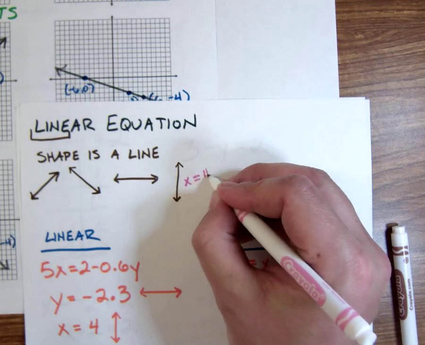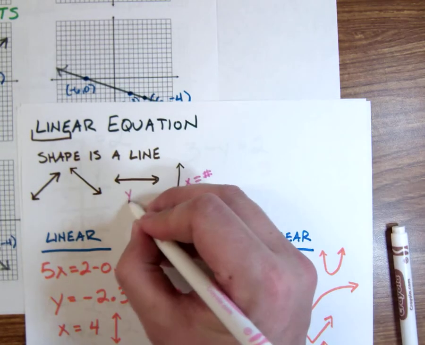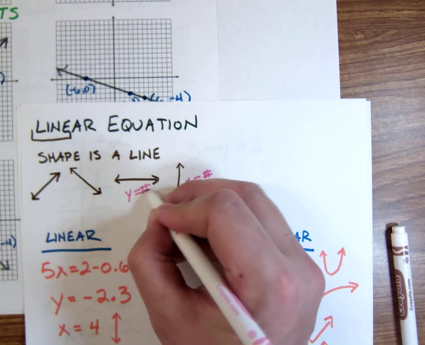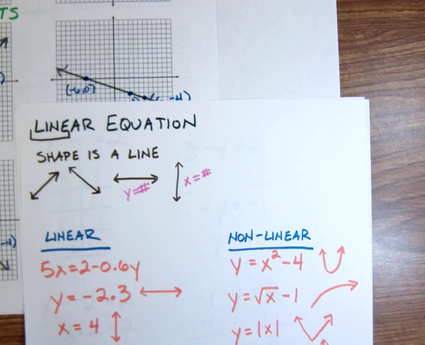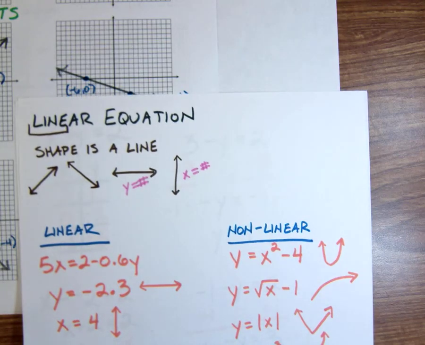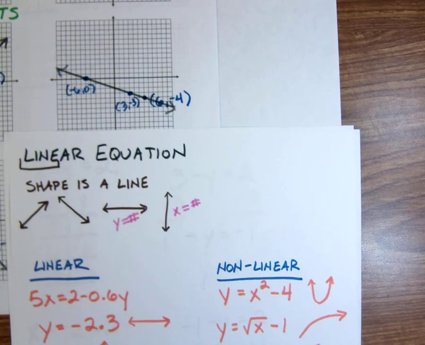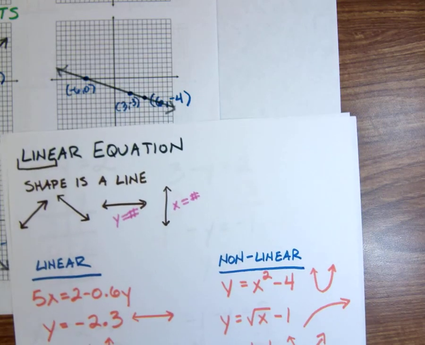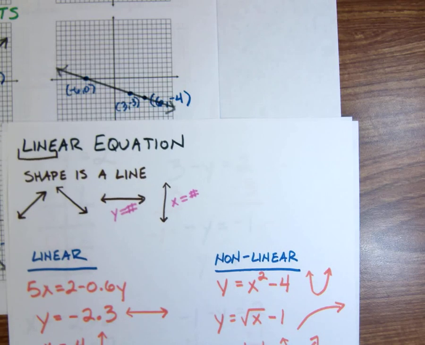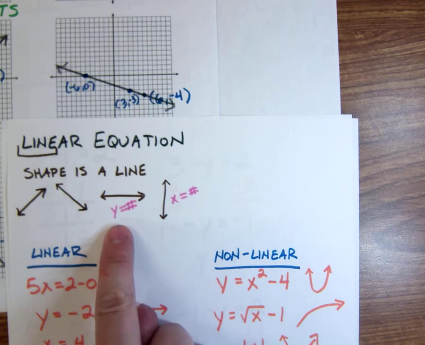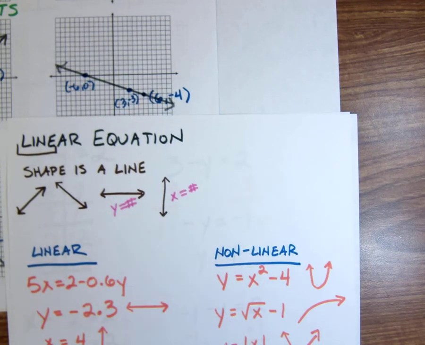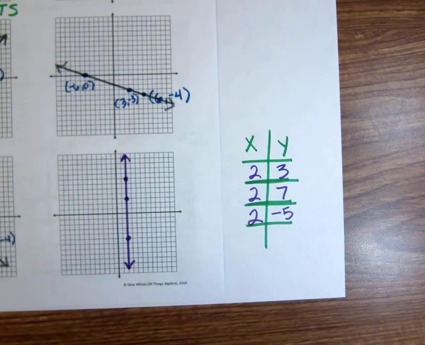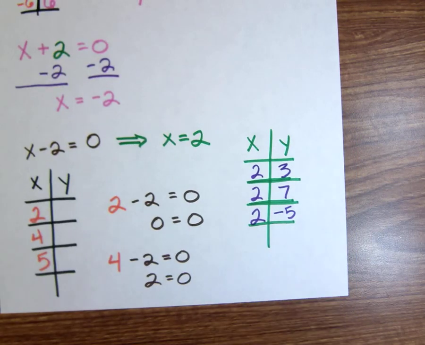That's x equals a number, and this one is y equals a number. And so this one, there are no x's in the equation. This one, there are no y's in the equation. Okay?